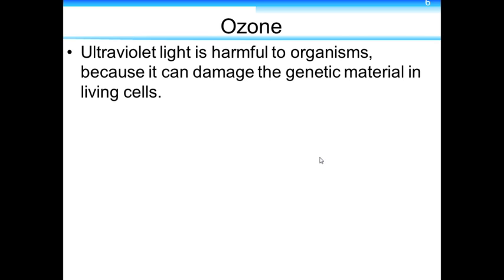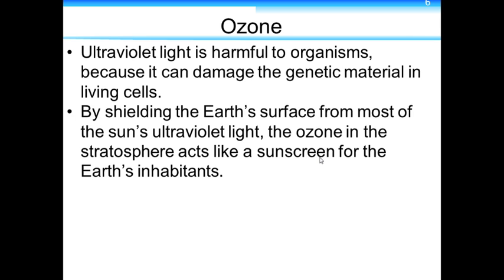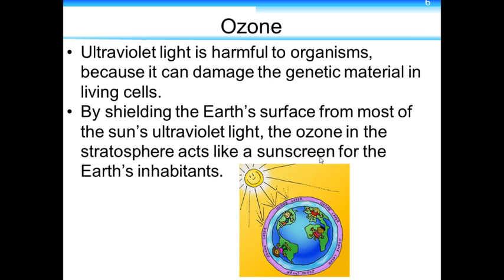Ultraviolet light is harmful to organisms. We need a certain amount of light on Earth, but if we have too much of certain types of light, ultraviolet light, it can be very damaging. So this shielding of certain types of light protects us. So that ozone layer is critical.